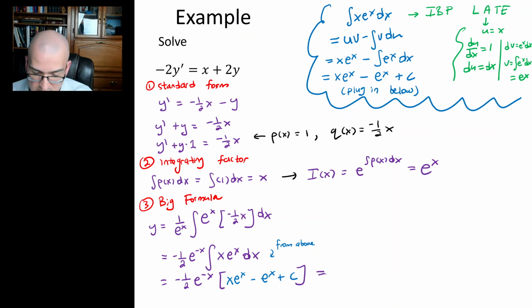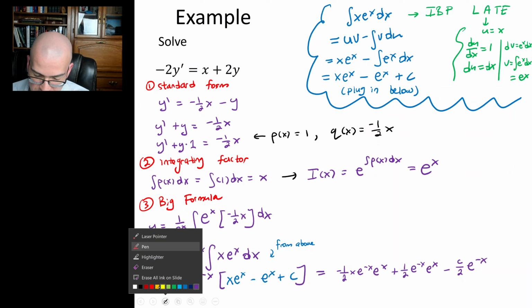So minus 1/2 x e to the negative x times e to the positive x, plus 1/2 e to the negative x times e to the positive x, minus c over 2 e to the negative x.